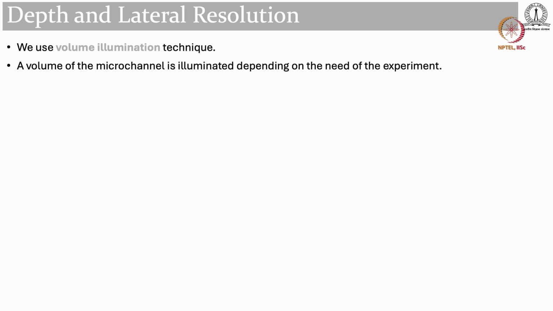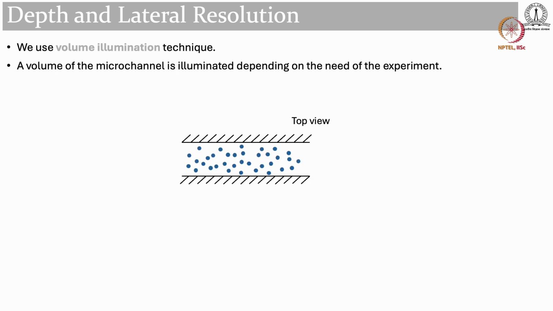So what I am trying to say is, suppose you have a micro channel here, and suppose the flow is plane Poiseuille flow inside it, and you have a laser system behind this, at the bottom, and you are looking from the top.